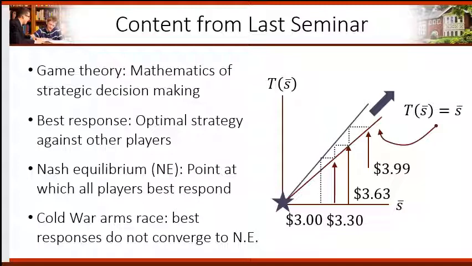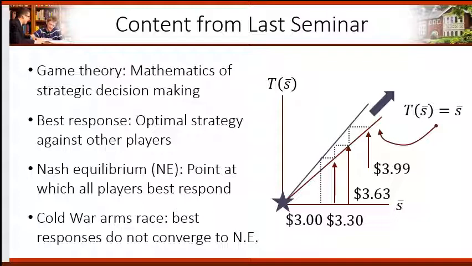Now, another important thing is a Nash equilibrium. We said that a Nash equilibrium is the point at which all of the players are playing best responses. They're best responding to each other. At that point, basically, there would be no more movement. In this arms race, we asked whether there is any point at which everyone is playing best response. Is there any Nash equilibrium? In fact, there is one, which is 0.